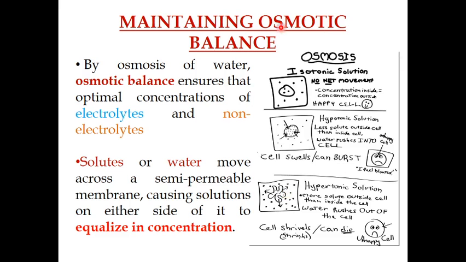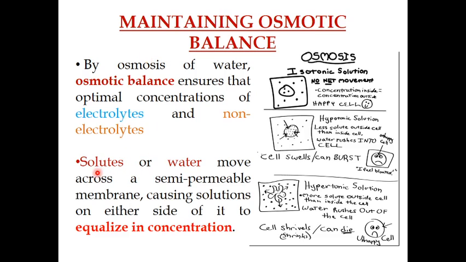Okay, and because of this there is a concept of osmotic balance. By osmosis of water, the osmotic balance ensures the optimal concentration of electrolytes and non-electrolytes required by the cell. Okay, so ions, electrolytes, majorly ions like Na+ and Ca2+, all these ions which are very essential for the cell, are balanced.